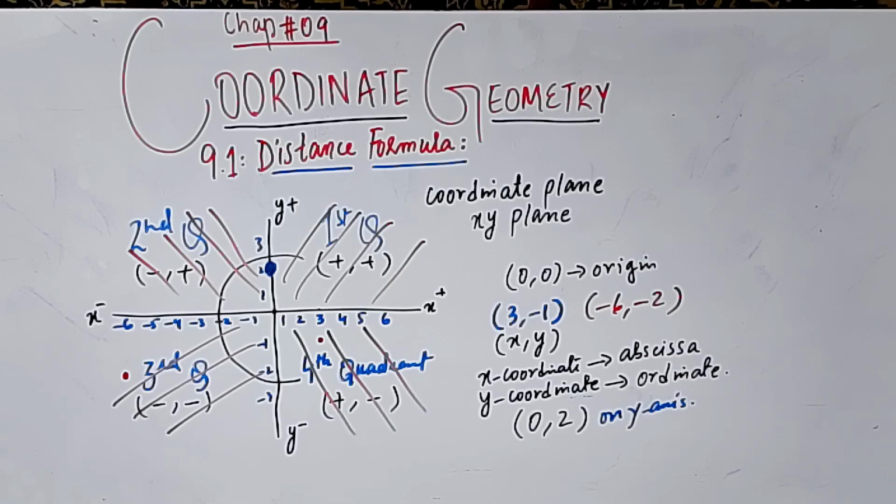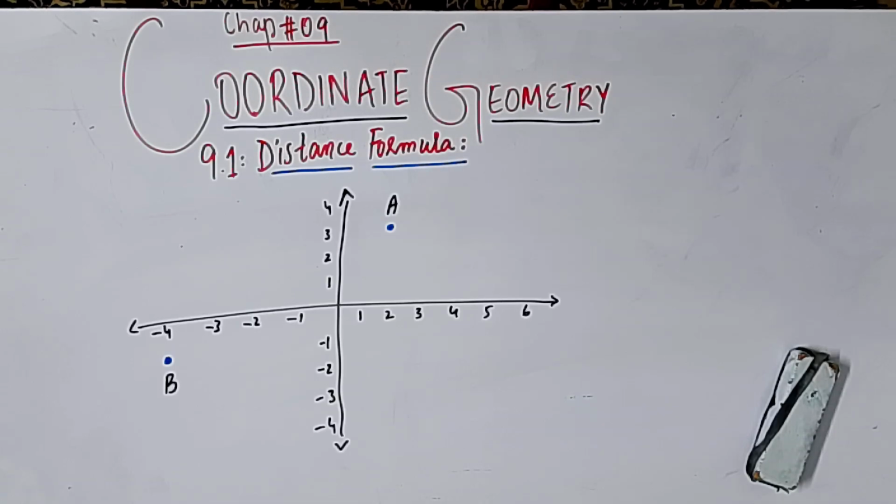Now, after understanding the coordinate system, the xy plane, let's discuss what is meant by distance formula, and let's do the questions related to it. So what is meant by distance formula? For example, if you have 2 points on the graph, point A and point B, and you want to find the distance between them, or in other words, if you want to find the distance between two objects which are some distance from each other.